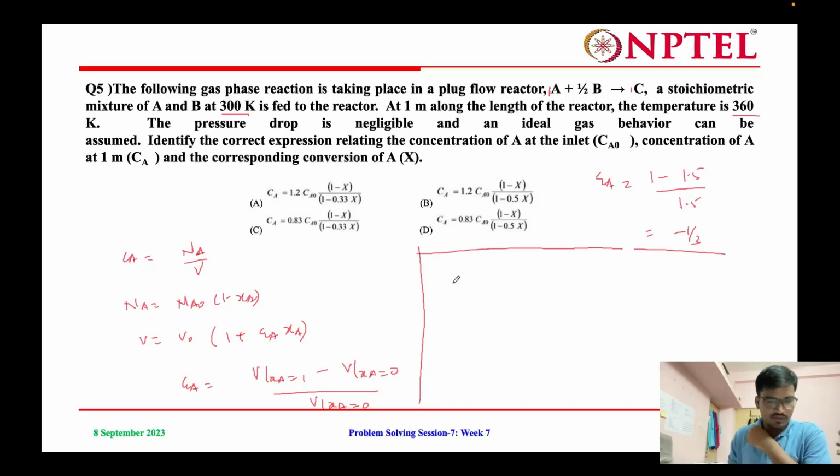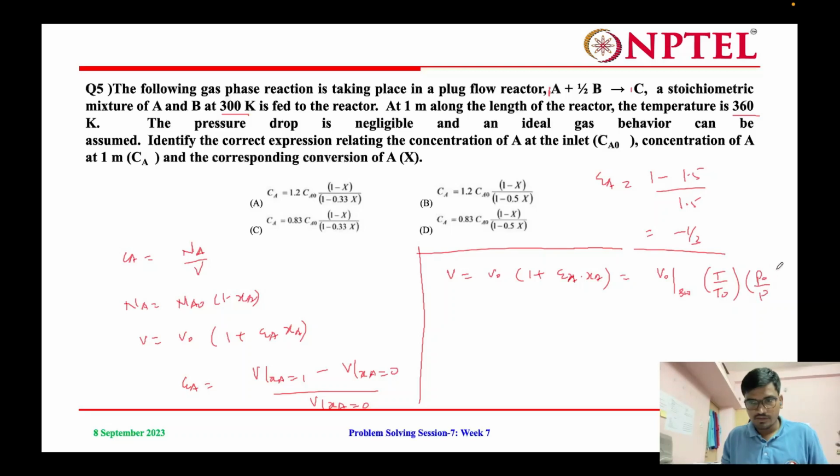Now V is equal to V_0 (1 plus epsilon_A X_A), which equals V_0 times T by T_0 times P_0 by P times (1 plus epsilon_A), right.